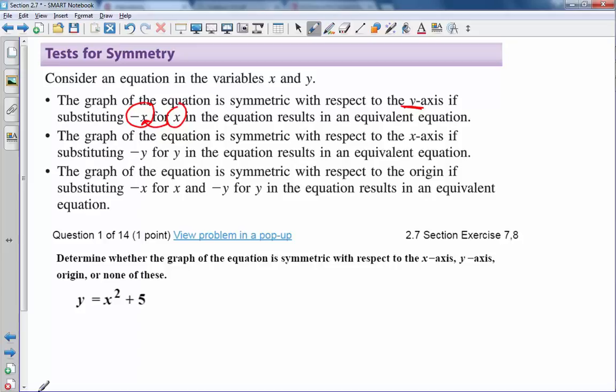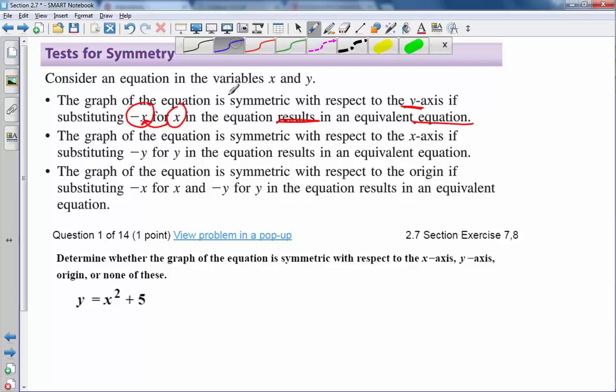Make all x's disappear, bring back minus x, and compare the new resulting equation to the original equation. See the old equation and the new one you got? If they still match, mathematically the same thing, then we call it, this graph has y-axis symmetry.